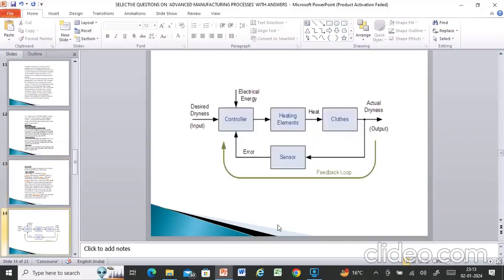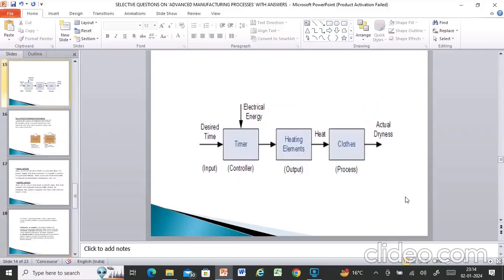Now this is a closed loop control system. As I said, that the MCU receives the feedback of the output through a sensor, and the error is fed back to the controller. The controller, which is the MCU, actually changes the conditions of operating and controls the output continuously so that they are within the upper control and lower control limits.